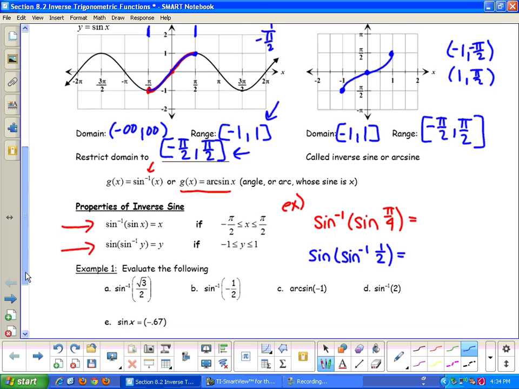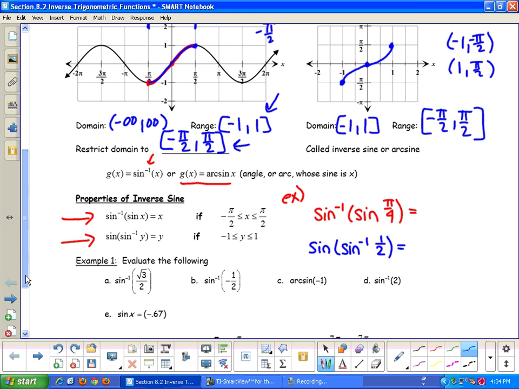So for these properties, just to look at this first one, if I'm doing the sine inverse of the sine of x, well, that means that I can only have values for my angles that are in between negative pi over 2 and pi over 2. Otherwise, I cannot evaluate the inverse of the function. And that's because we have to restrict it to do inverse equations.